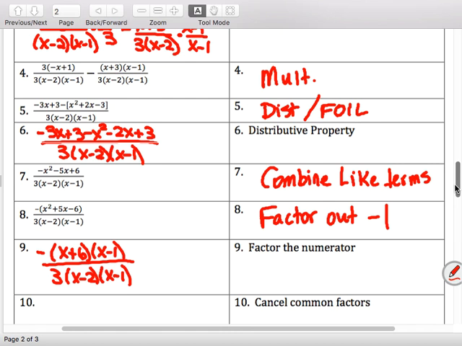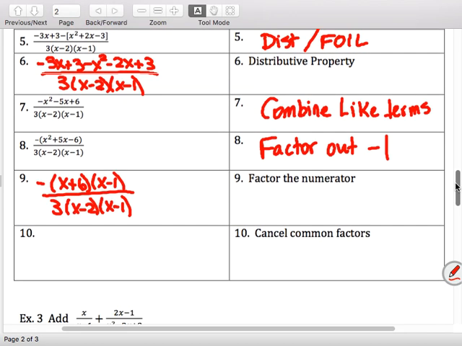And then step 10 says cancel common factors. So I'm going to cancel the x minus 1s. And you can leave it factored or you can multiply it out. It does not matter.